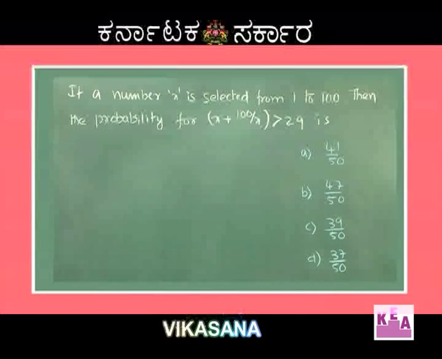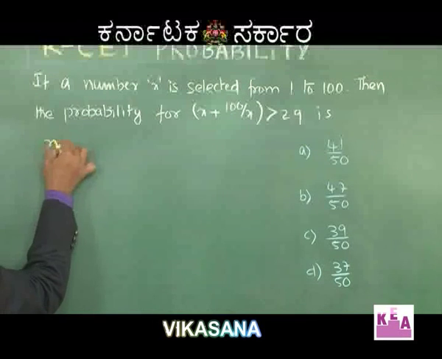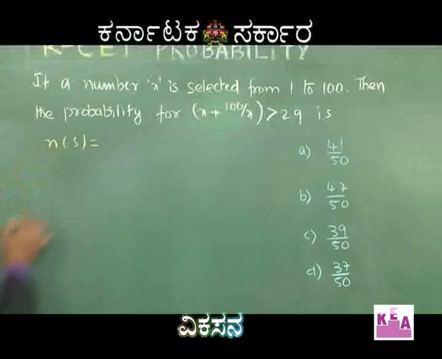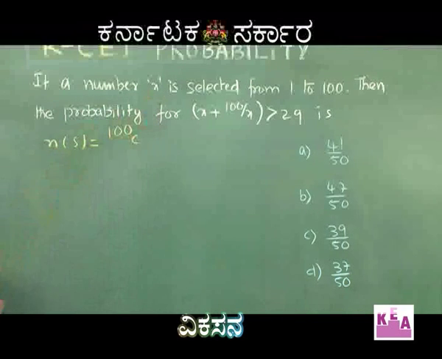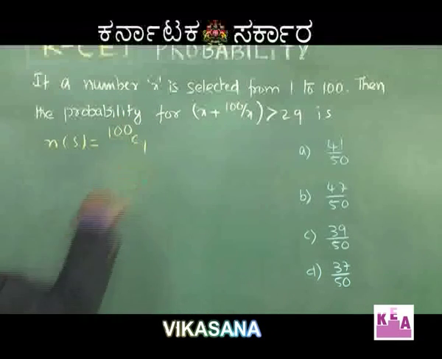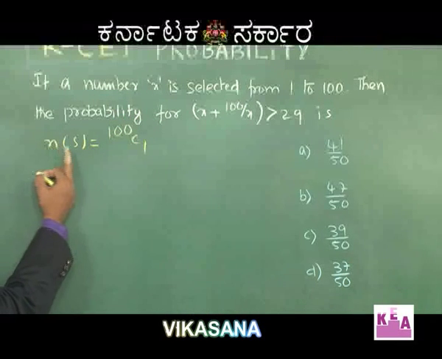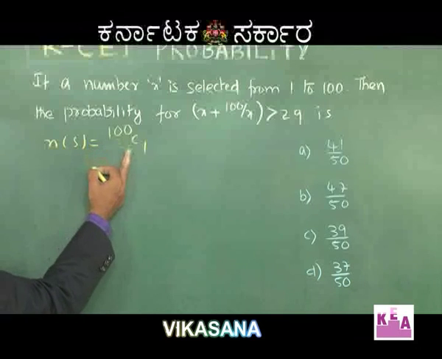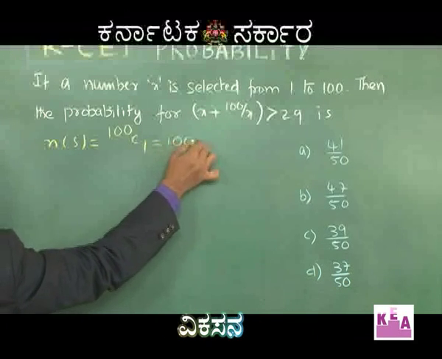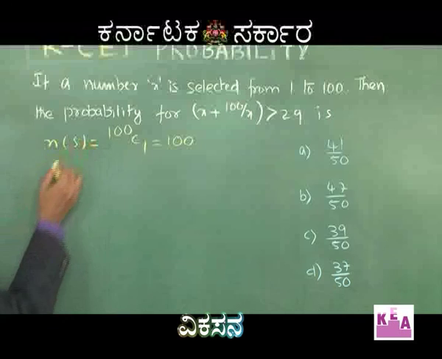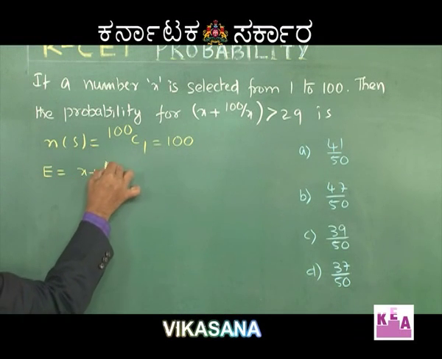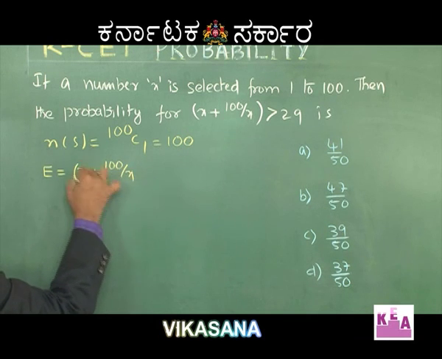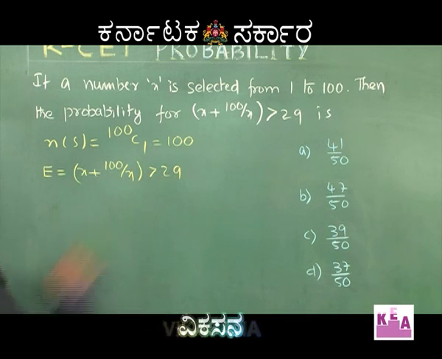Dear students, here the total number of numbers given is 100. From the given 100 numbers, selecting a number x means selecting one number, therefore the total number of outcomes is 100C1, this is 100. Now, here the event E is given: x plus 100 by x greater than 29.